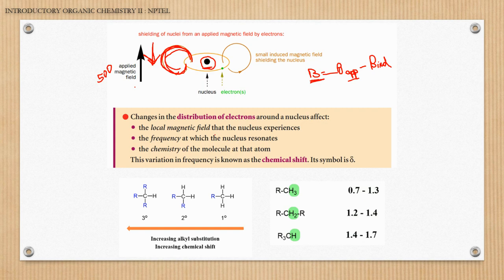So now your nuclei will resonate with the applied magnetic field very quickly compared to the previous one. Is this much clear to all of you, or are there any doubts, anything which is not clear? I'm just talking about this concept.